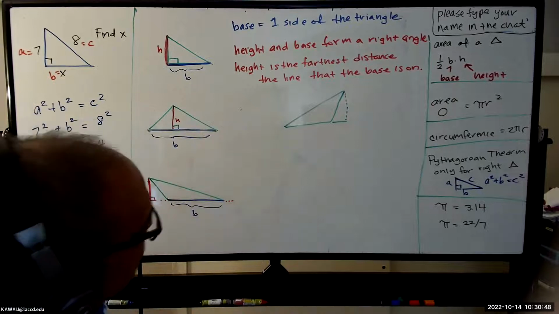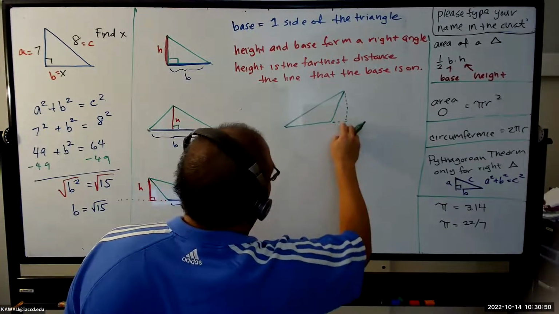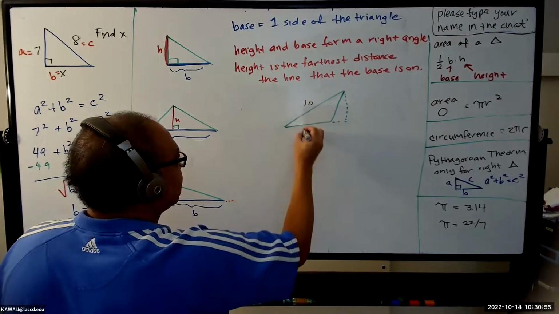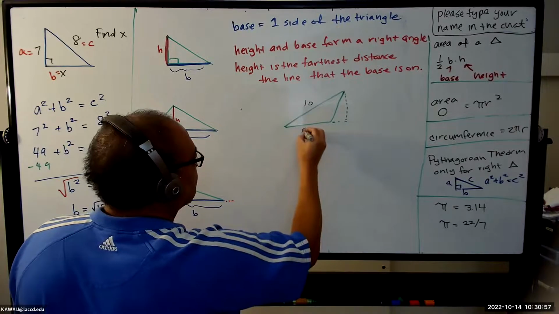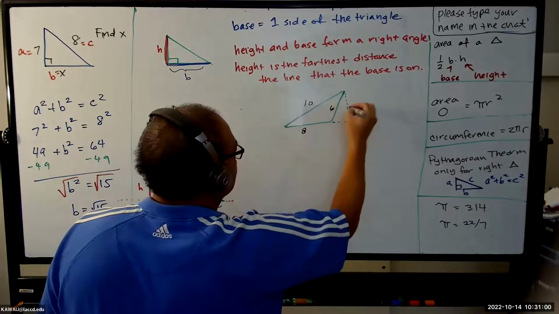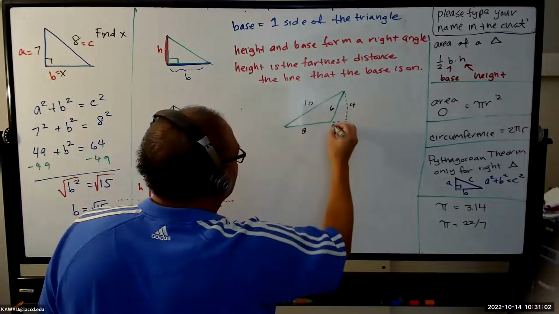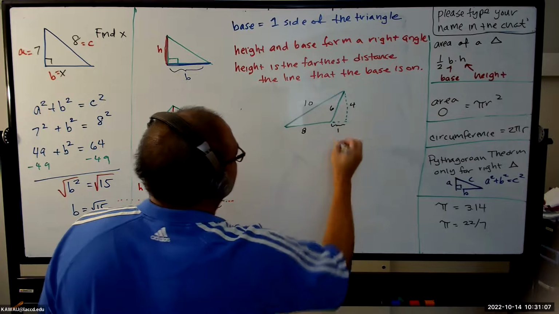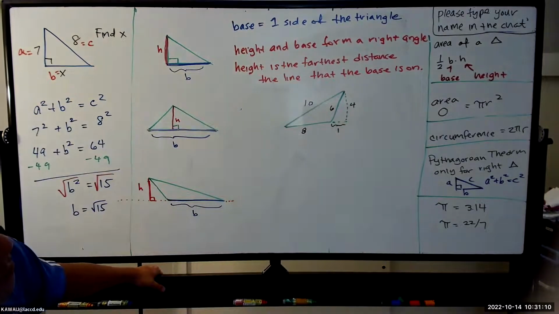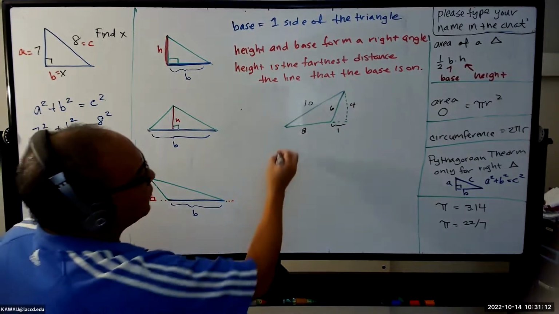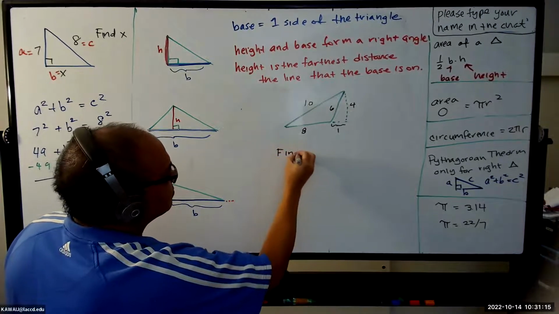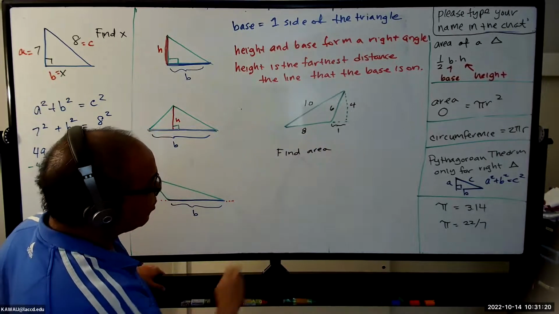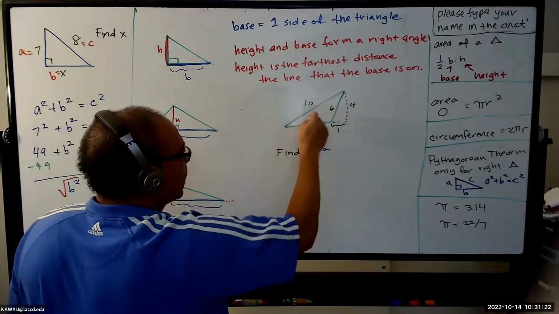Let's try making this one 10, this one 8, this one 6, this one 4, and this one 1. And then let's say find area. Now we're talking about the area of the solid triangle, not the one with the dotted lines.